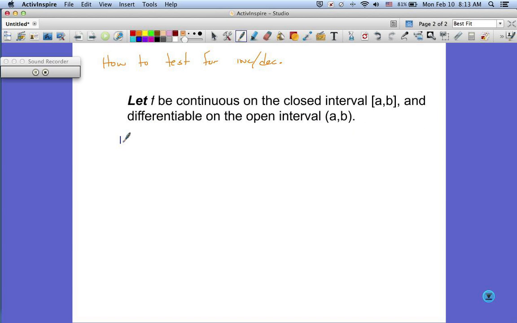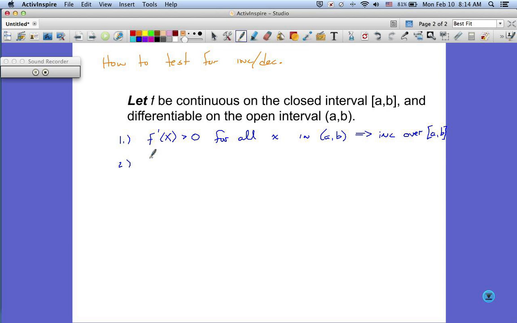Scenario 1 states that if the derivative is greater than 0 for all x in the open interval, then we're increasing over the closed interval from a to b.